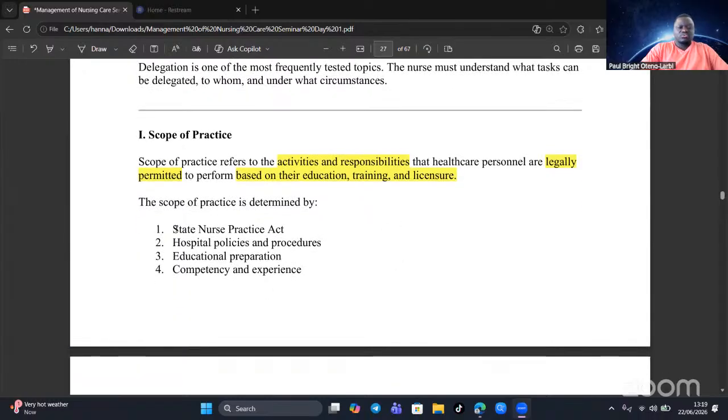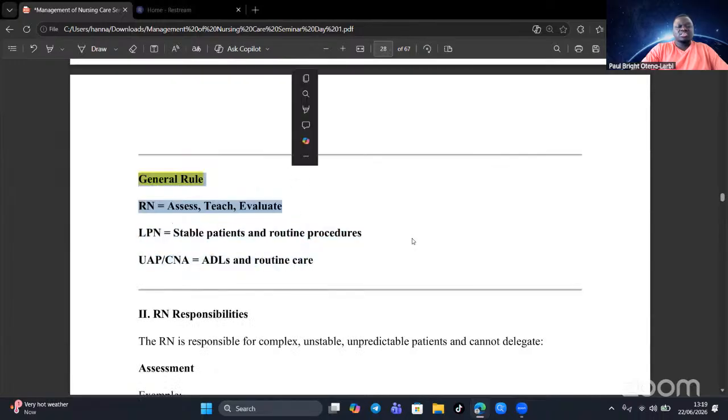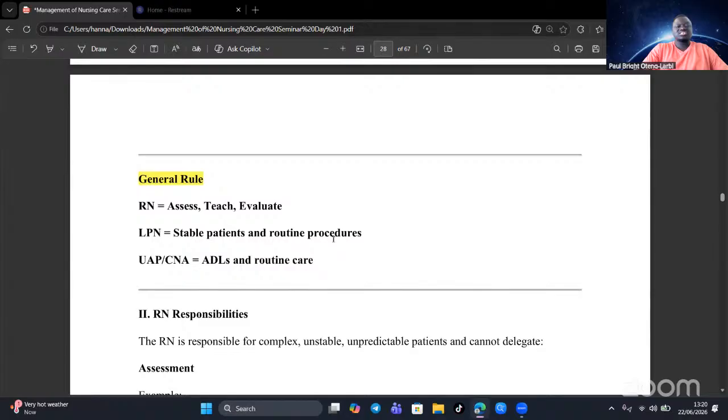So Michael will consider scope of practice from the institutions, from the state, the hospital they are working in, educational preparation of the person, the competencies and experience. Has the person even done all the in-service trainings? So you consider all these things.